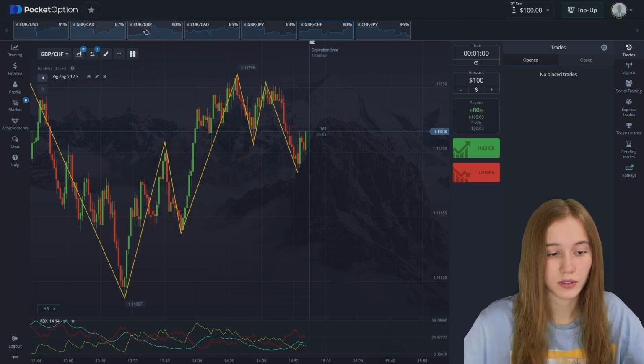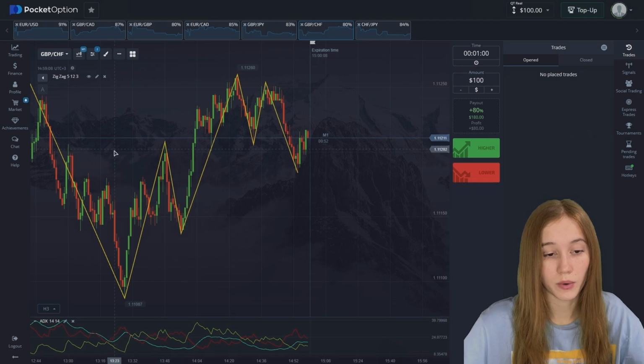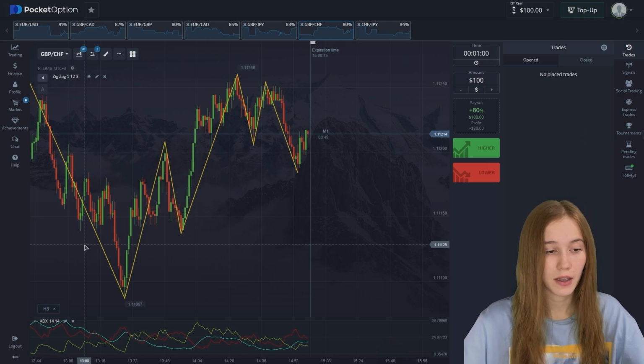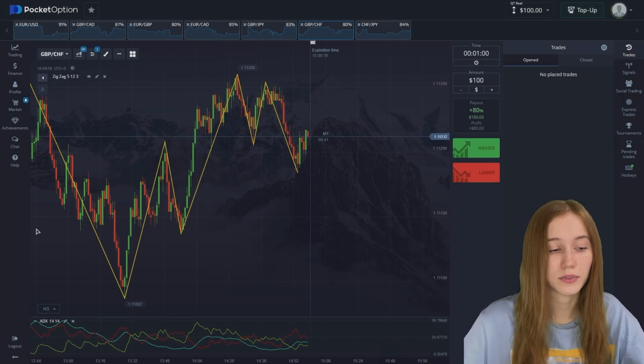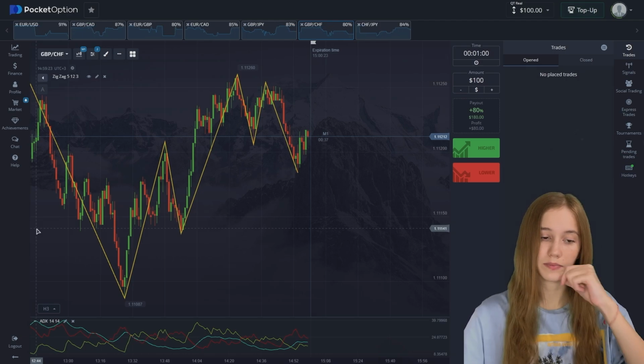The first will be 7 maybe, and then our last. Let's see, we will use our analysis and 2 indicators, the ZigZag and ADX. Let me tell you a little about these indicators. I'll tell you the theory and then I'll show you it in practice.